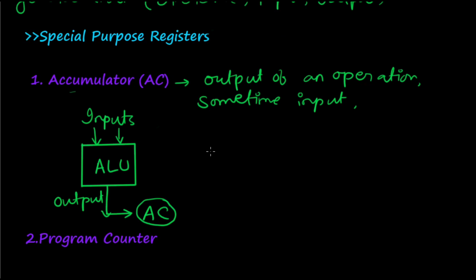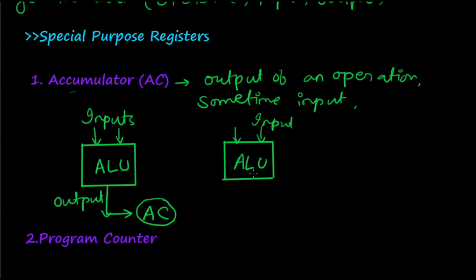Sometimes it may also happen that in a few architectures we use the accumulator as one of the inputs. Suppose you provide one input from outside, from any general purpose register or any memory location, and the other input comes from the accumulator itself.